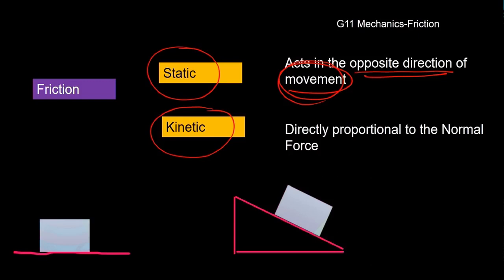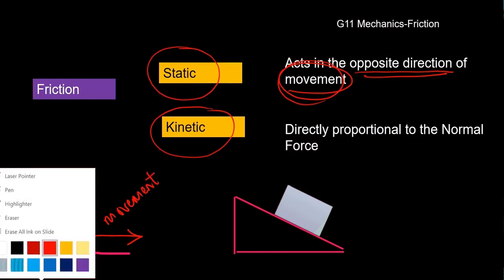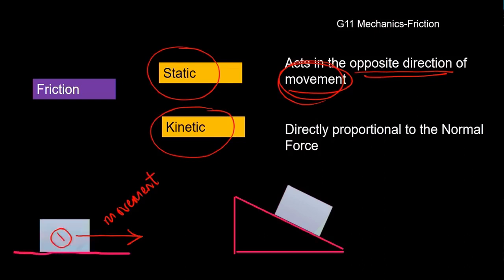So I have two pictures here on my screen. One is on a flat surface, this little one here, this box. Let's say it is moving in that direction. So that is movement or motion. What then is my frictional force? In which direction is my frictional force going to act?